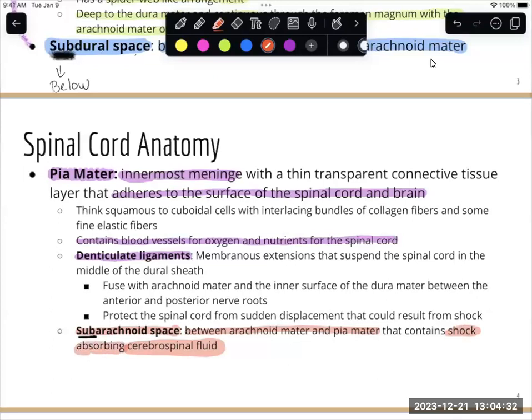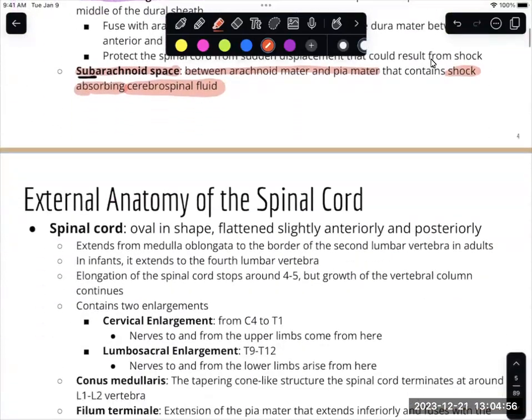So your spinal cord is not as wide as that spinal column or spinal canal. So there's going to be those 3 different layers of meninges. There's going to be that cerebrospinal fluid in there. So it's helping to protect that spinal cord and prevent it from hitting up against the side of that spinal column when something happens, to prevent damage.